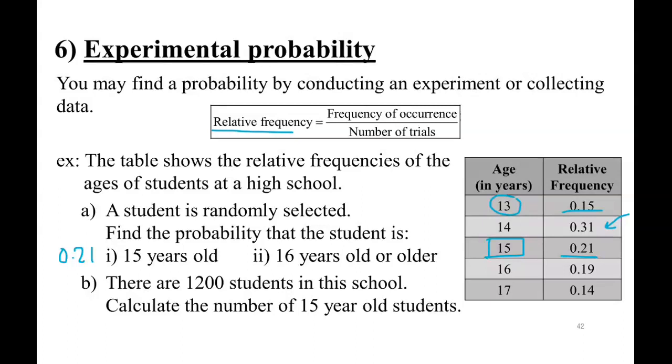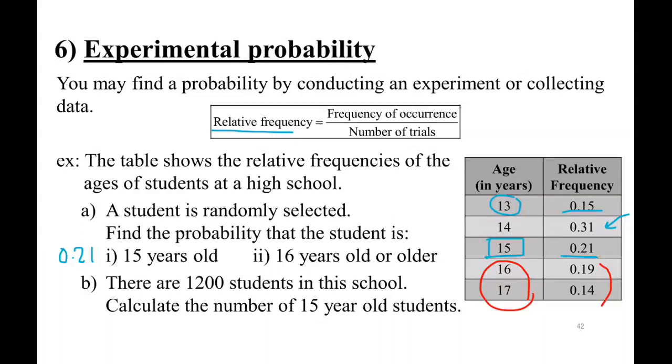Now, the probability of having a student 16 years old or older. 16 years old or older, if we look here, basically 16 or 17 years of age. So the probability of this event is basically the sum of the probabilities of each, since over here having a student aged 16 or 17, that's the union of the two sets, and those are two events that are mutually exclusive or incompatible.